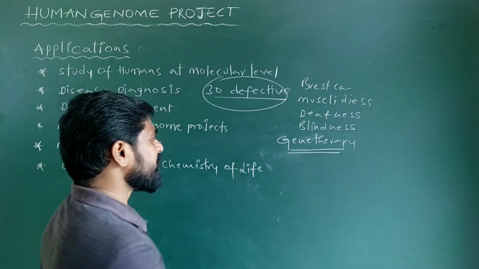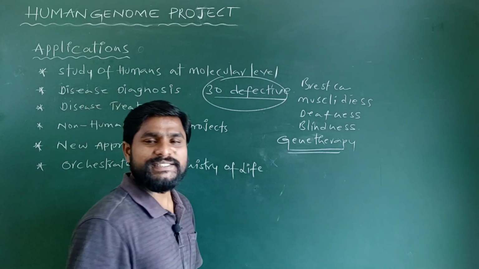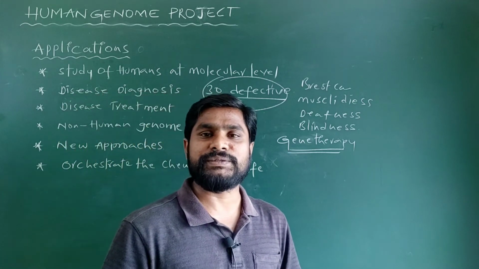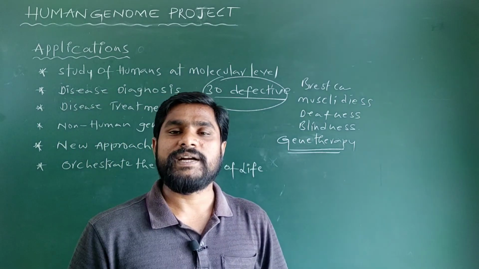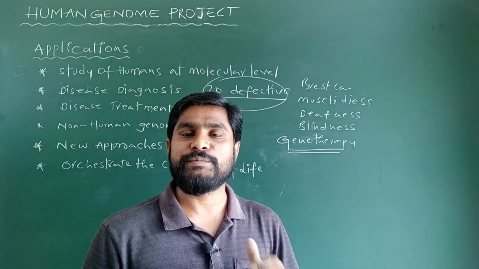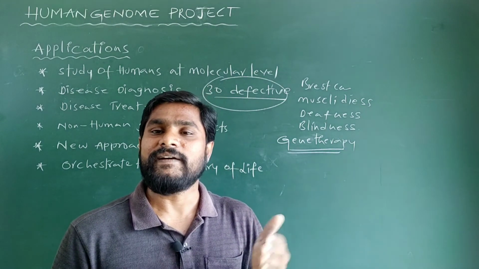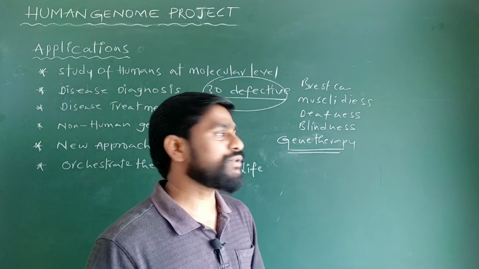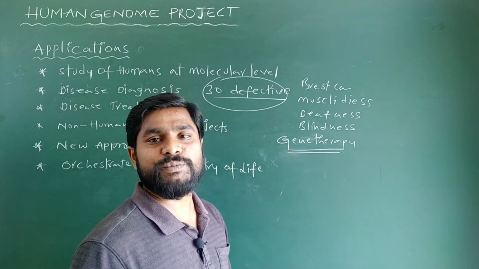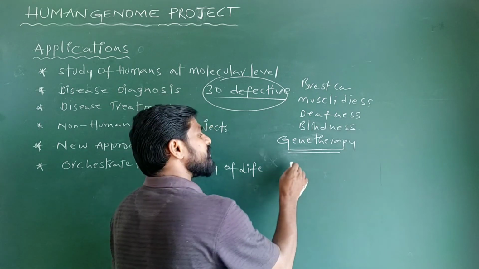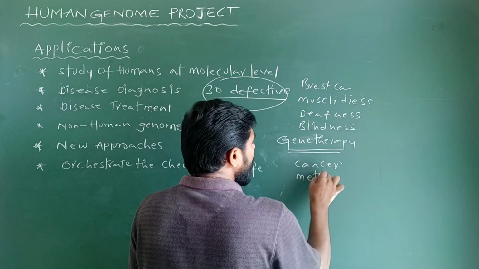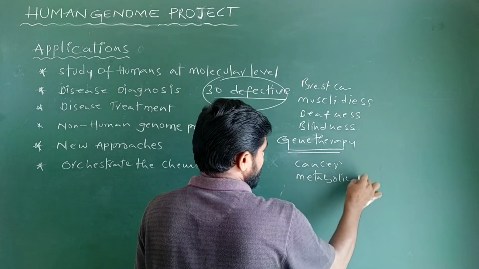In gene therapy, generally we replace the mismatched base pair in the defective gene of a diseased person with a correct base pair, so that repairing a particular gene responsible for a particular disease results in curing the disease. We have been curing diseases through this gene therapy, which is an outcome of the Human Genome Project, such as cancer and some metabolic disorders.